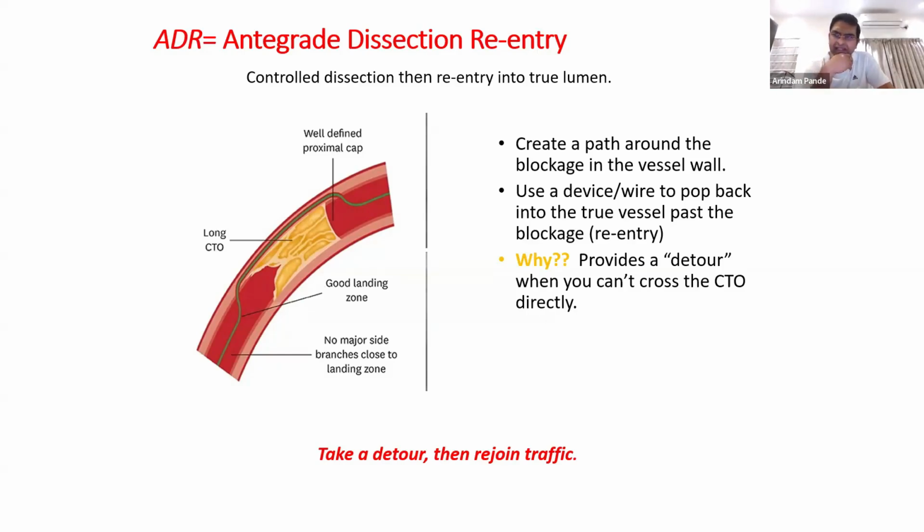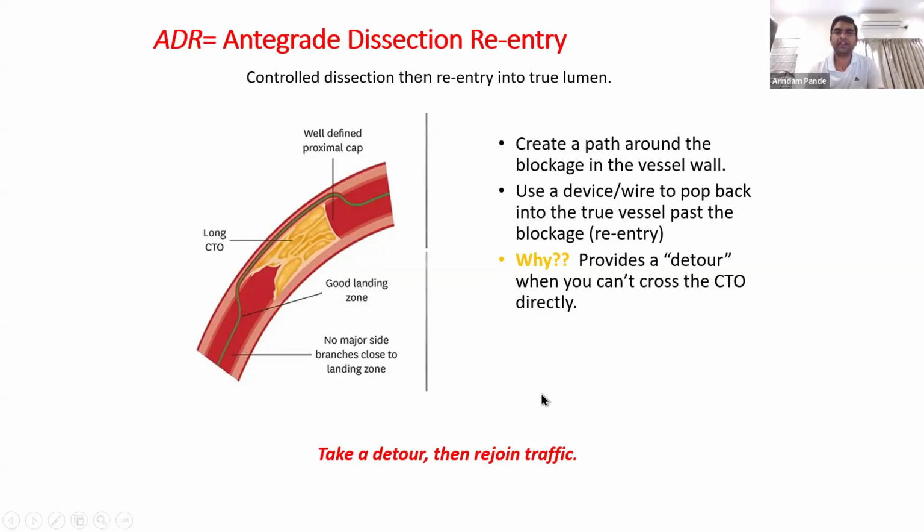That particular device is now approved for CTO intervention, but it's a very costly device and it requires operator skill. So the Stingray balloon, I'm talking about. Stingray balloon is a good device for this technique, but I am not going to show that because I don't have any personal experience of using Stingray.